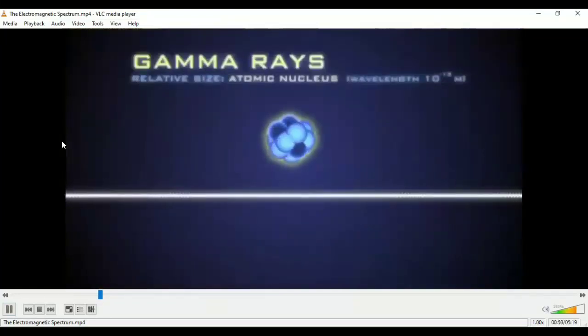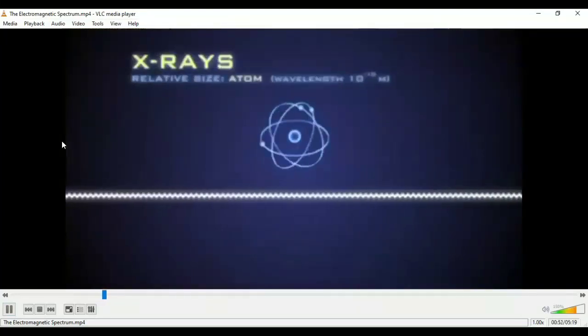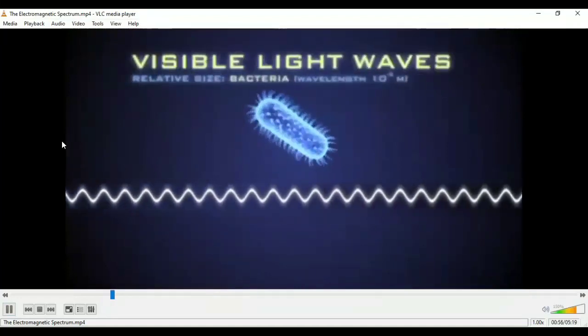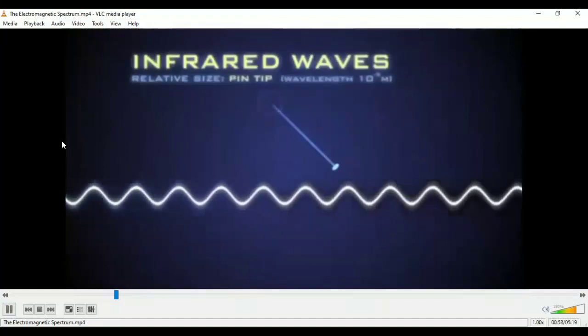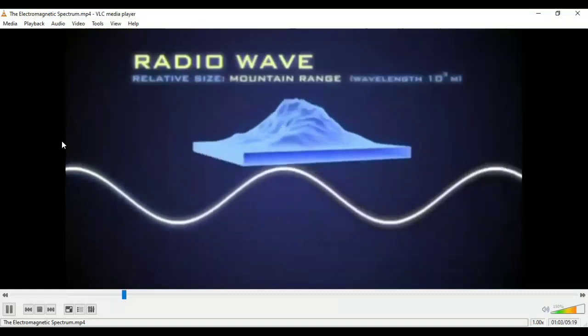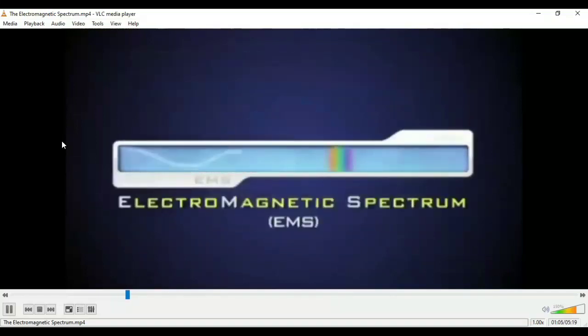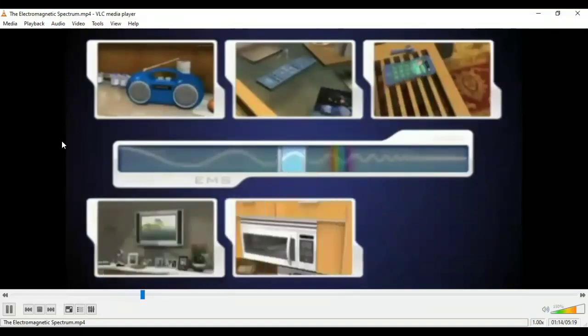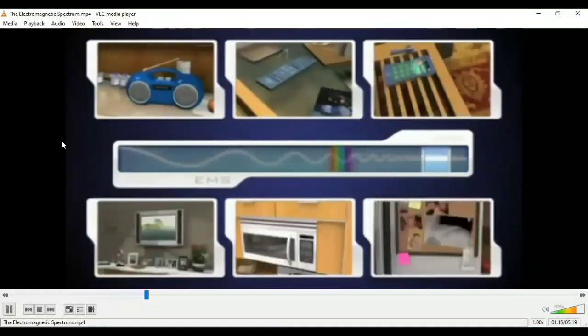These waves spread across the spectrum from very short gamma rays to X-rays, ultraviolet rays, visible light waves, even longer infrared waves, microwaves, to radio waves, which can measure longer than a mountain range. This spectrum is the foundation of the information age and of our modern world. Your radio, remote control, text message, television, microwave oven, even a doctor's X-ray, all depend on waves within the electromagnetic spectrum.